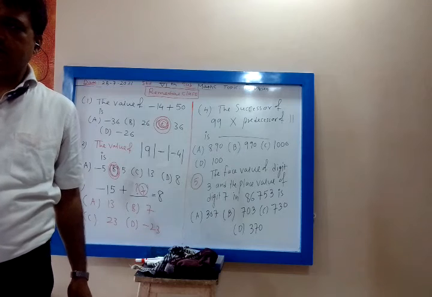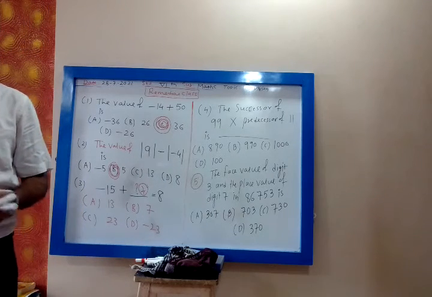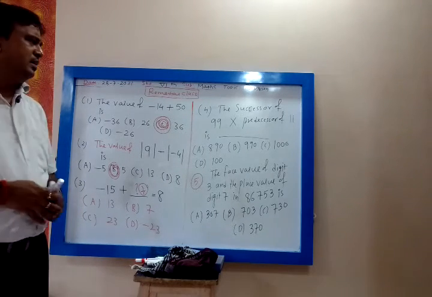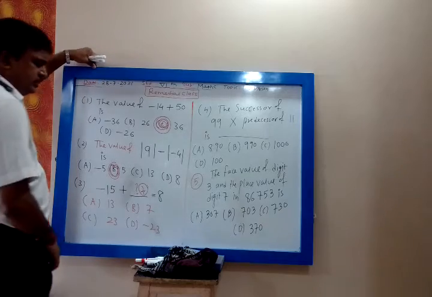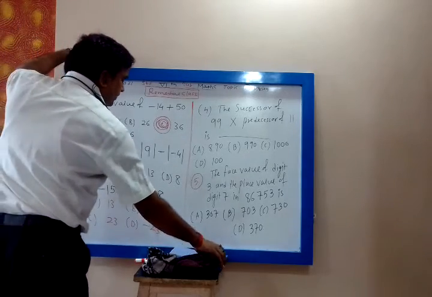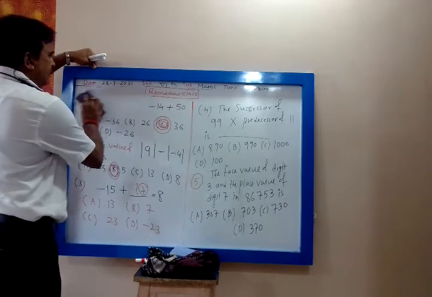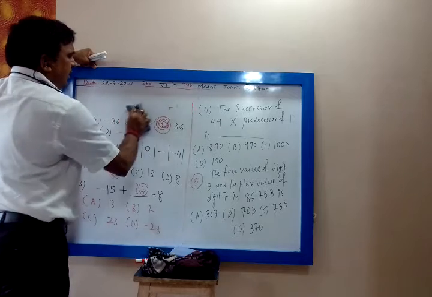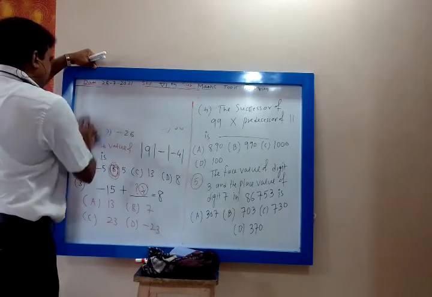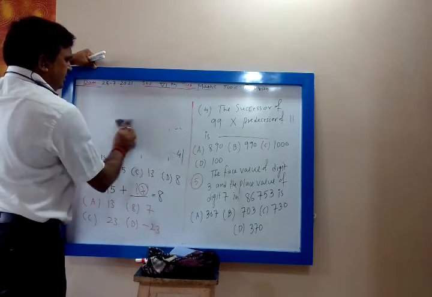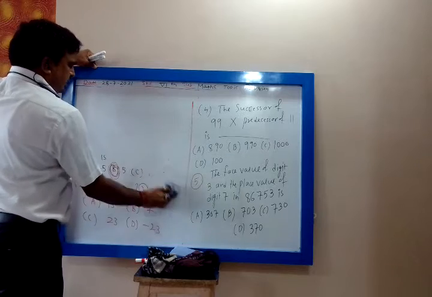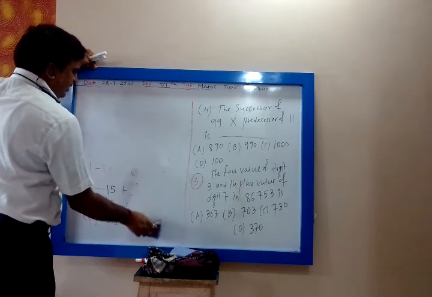Yes. Others also give the response. Give the answer of the fourth. Chalo. What is the answer of the fourth? Fourth answer is 1000. Okay. Let us see the fourth answer. What about others?